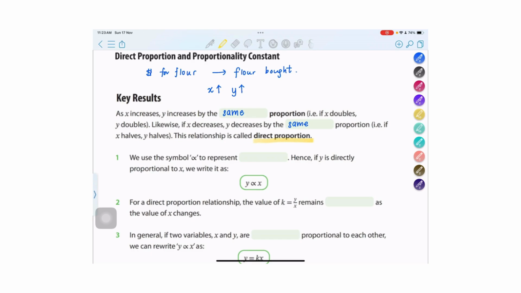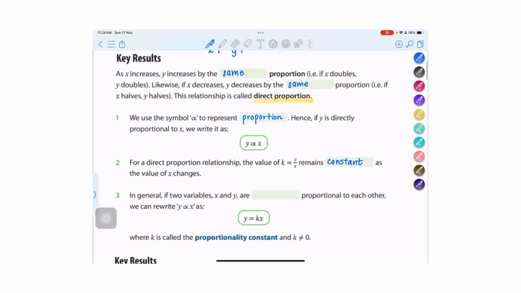Next, we will use the symbol for direct proportion, which represents proportionality. So we can say that y is directly proportional to x, and we write y ∝ x. For a direct proportion relationship, the value of k equals y over x, and it remains constant. k is your constant as the value of x changes.